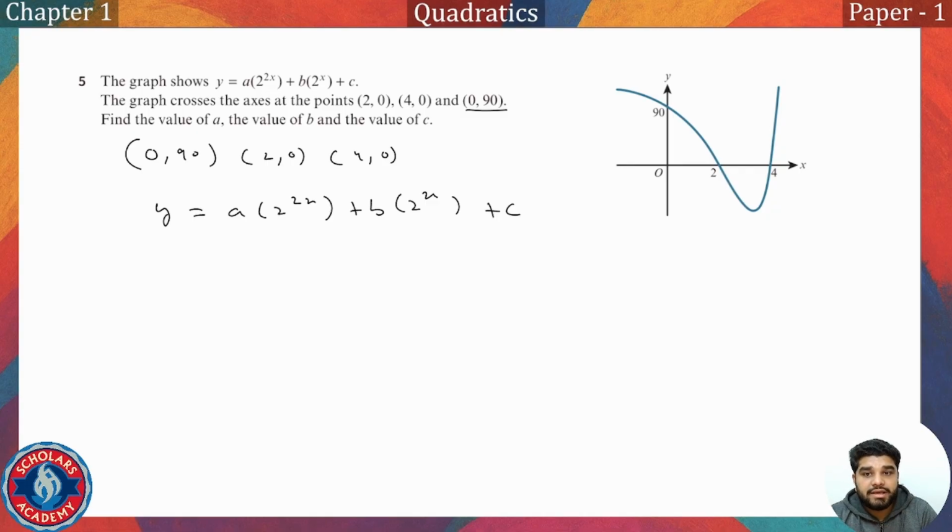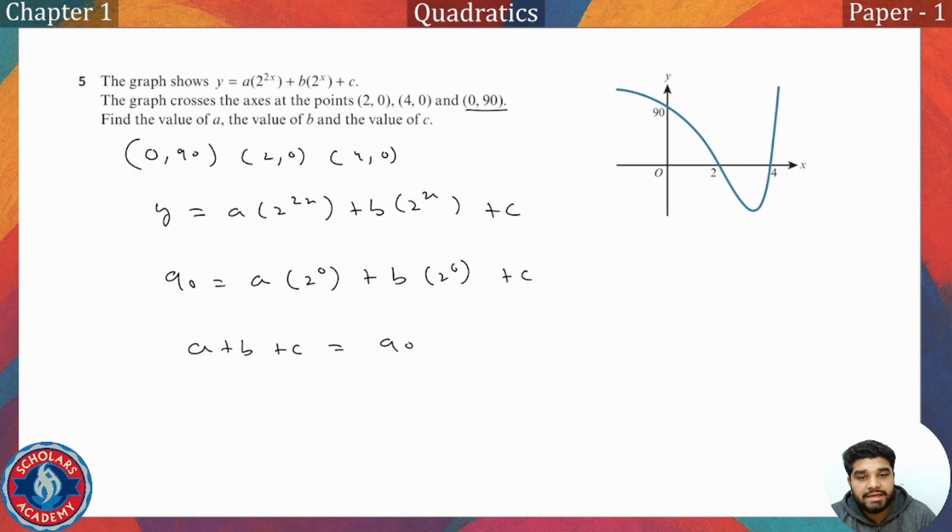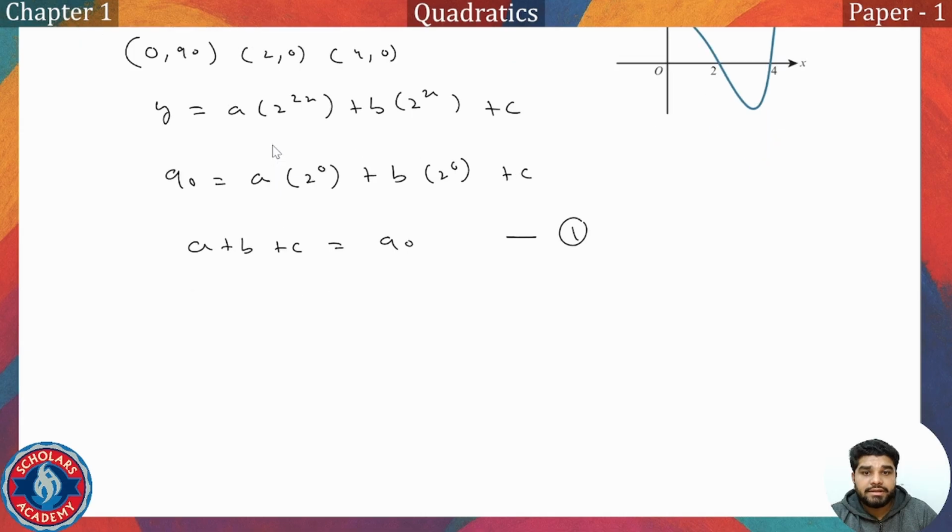So x is equal to 0, y is 90. It becomes 90 is equal to a 2 raised to power 0 plus b 2 raised to power 0 plus c. It means a plus b plus c is equal to 90. Equation number 1. Let's substitute second coordinate.